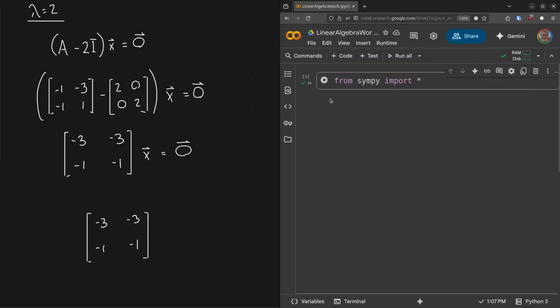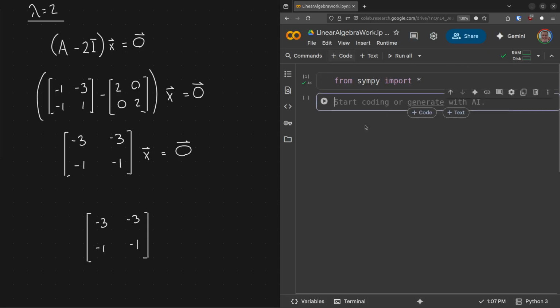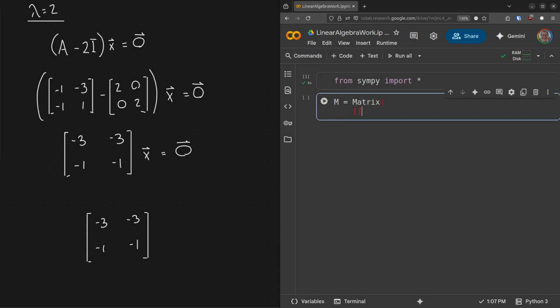Now this one's simple enough that we could probably do it in our head, but we'll be lazy about it. We'll get our calculators out. Okay, so I've already run this code cell. Let's add another one. Let's add our matrix. I'll call it M. I want to be a little careful about calling it A because A was our original matrix.